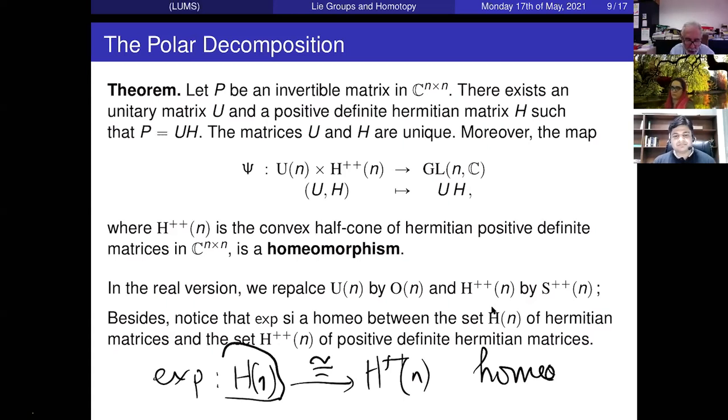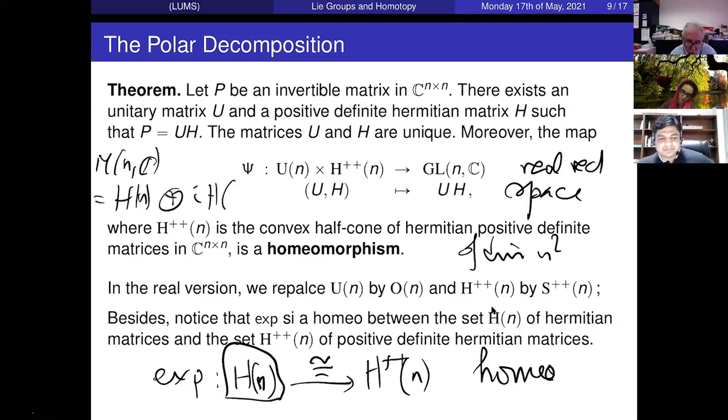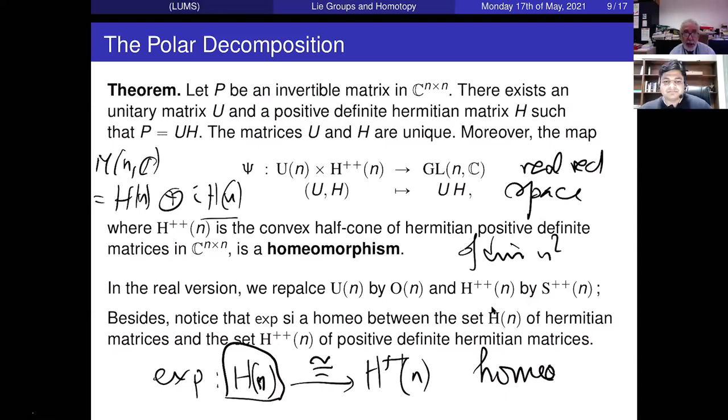And this set Hn, the set of all Hermitian matrices, is a real vector space of dimension n to the power 2. A very straightforward argument is the following: MNC can be written as the direct sum of Hn and the set of anti-Hermitian matrices.